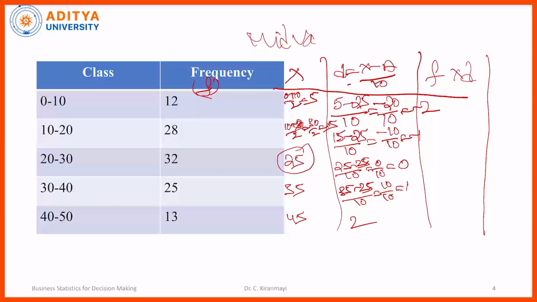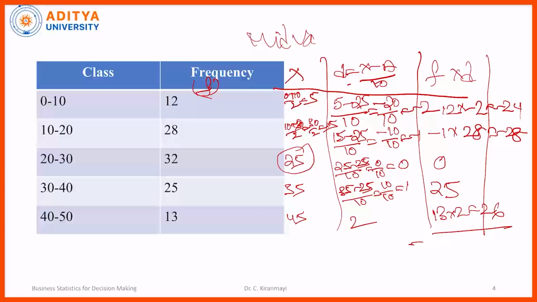For the first one, it is 12 into minus 2, that is minus 24. Next is minus 1 into 28, that is minus 28. Next 0, next 25, and next 13 into 26.